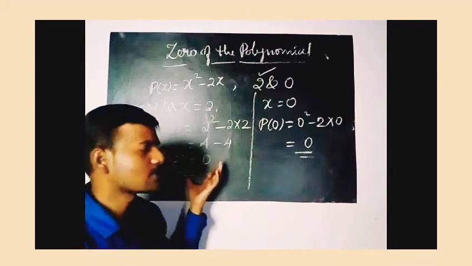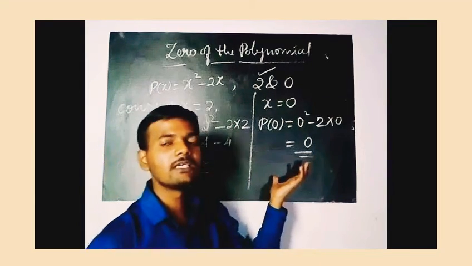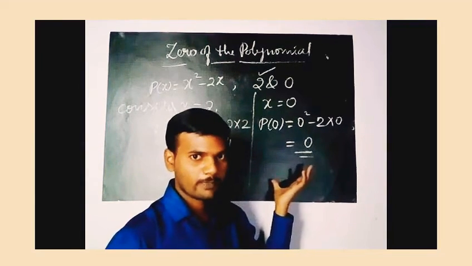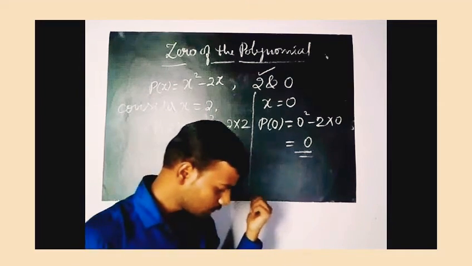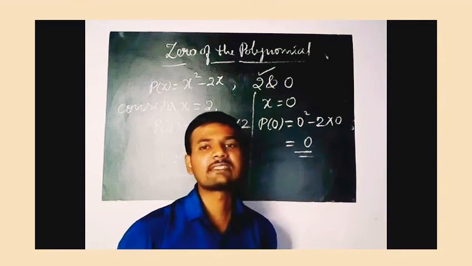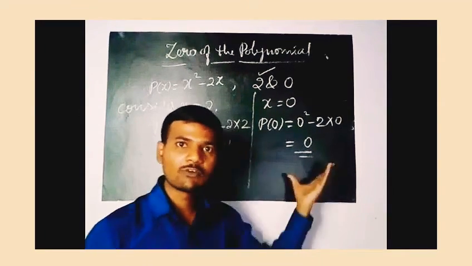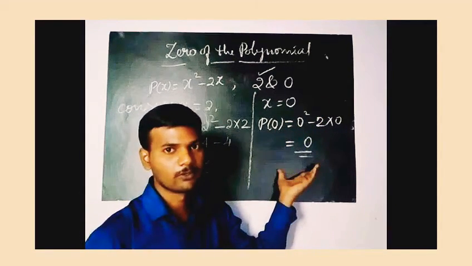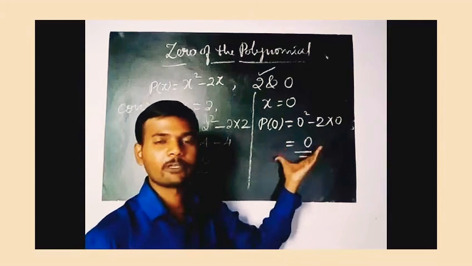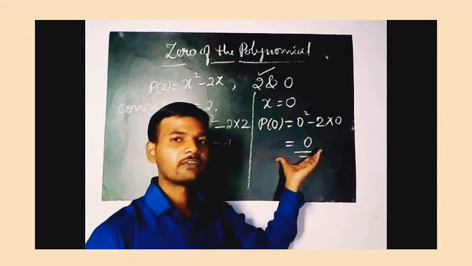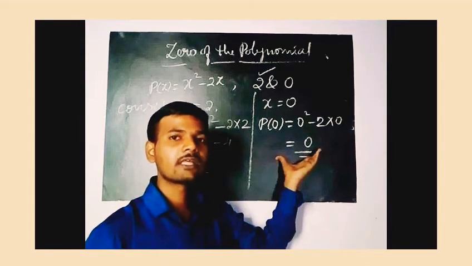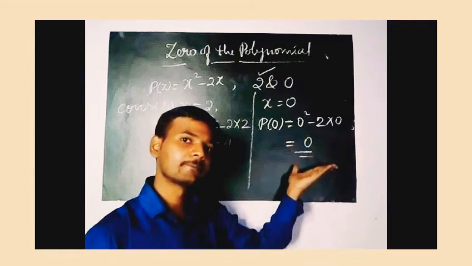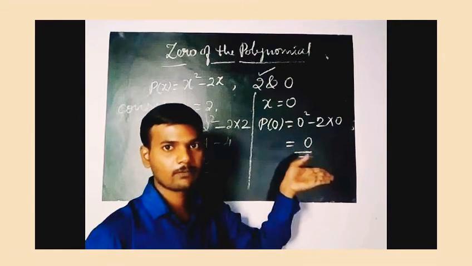And next, 0 may be a zero of the polynomial. If you give the value of the variable as 0, then the polynomial becomes 0. Maybe, may not be.